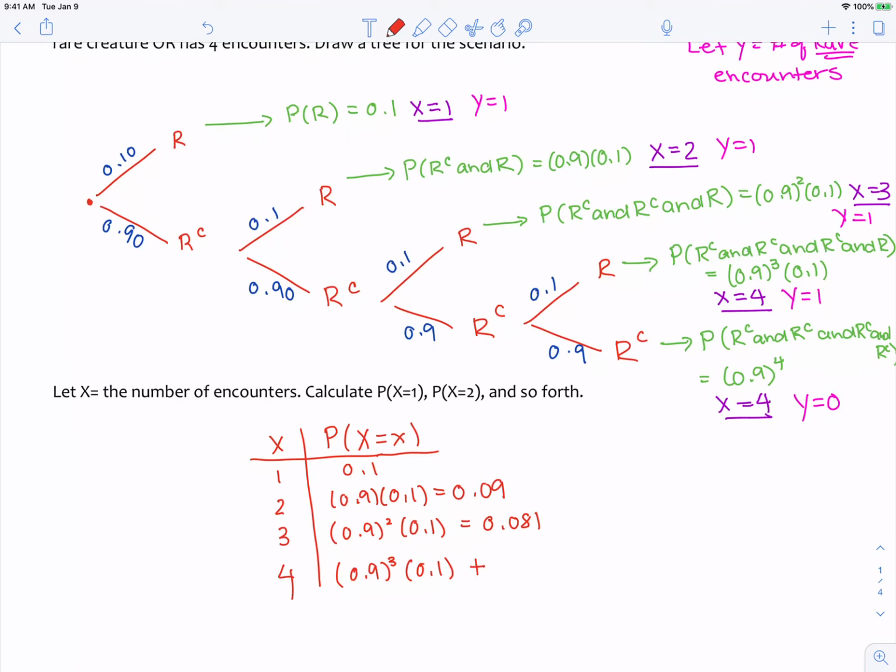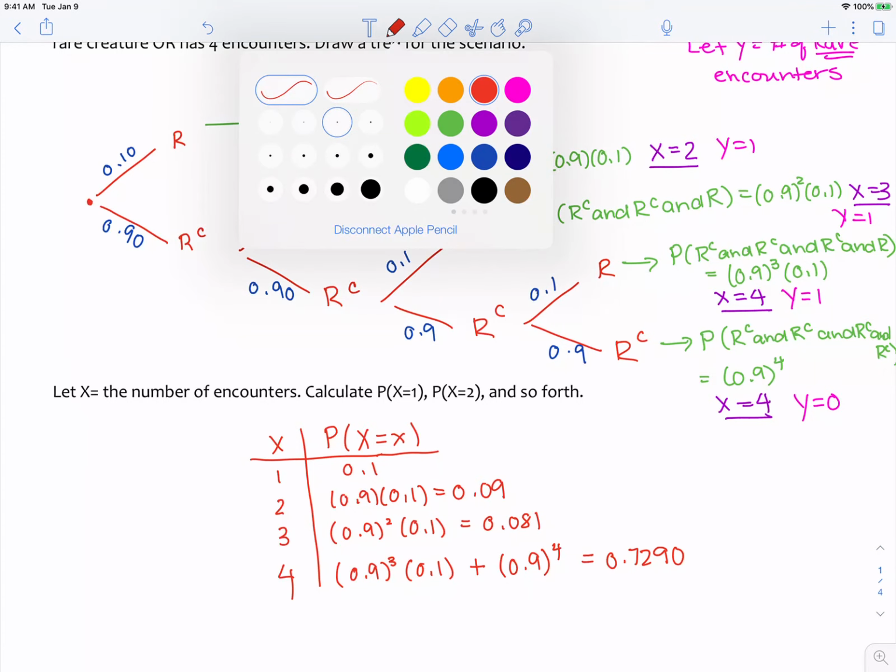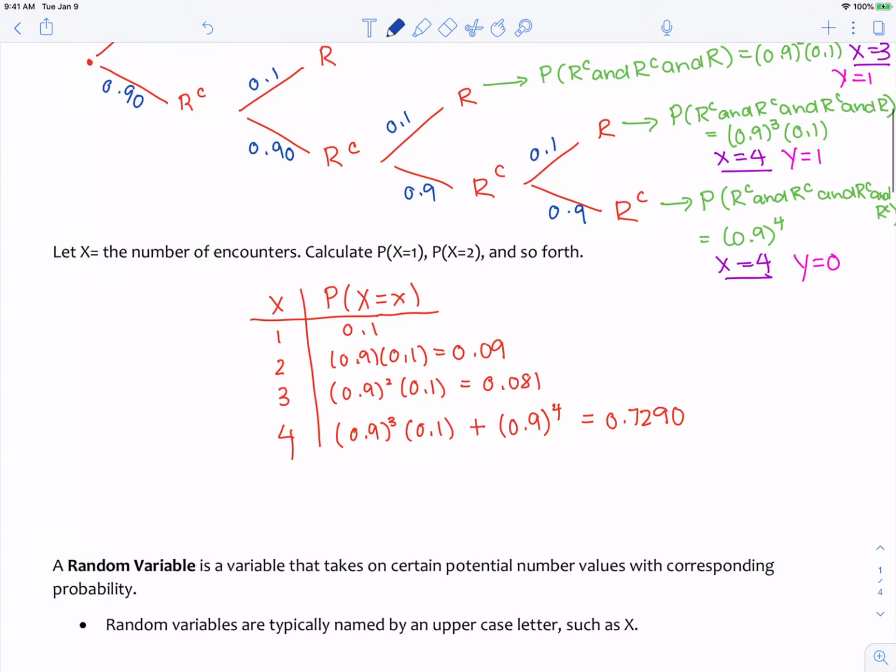But then we also want to add to that the possibility of just not getting any rare encounters. And so that would be all not rare, which was the 0.9 to the 4th power. Okay, and those two added together should give us 0.7290. Now, being a probability distribution, so showing all possible outcomes and all probabilities, these probabilities need to sum to 1.